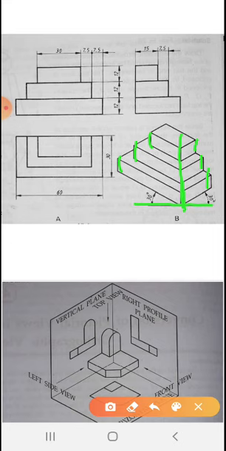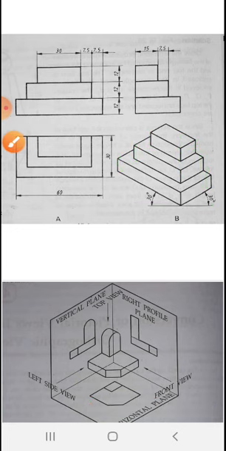So what I am going to say is, if the pictorial view of an object is such that the length and the breadth lines are drawn at 30 degrees to the horizontal, and the height line is perpendicular to the horizontal, then it is called what? Isometric view. Then what about orthographic view?